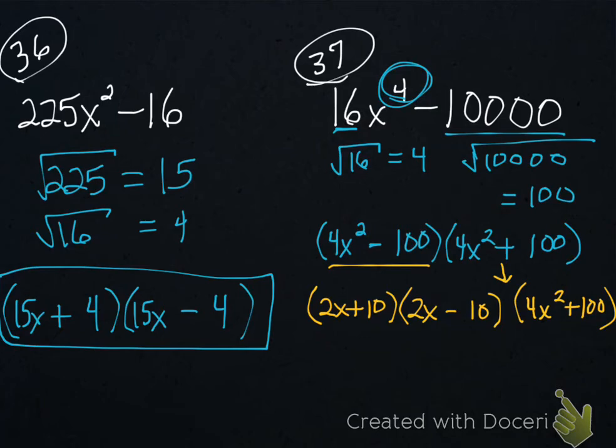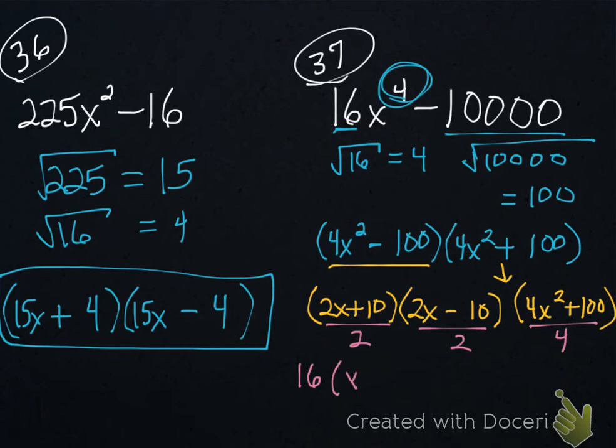I could have pulled a GCF out of here, and I should have. The 2's can come out of the 2x plus 10, 2x minus 10, and I can pull 4 out of the 4x squared plus 100. So if I divide those, 2 times 2 times 4, that becomes, imagine that, 16.